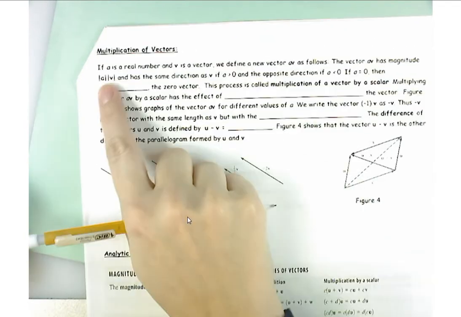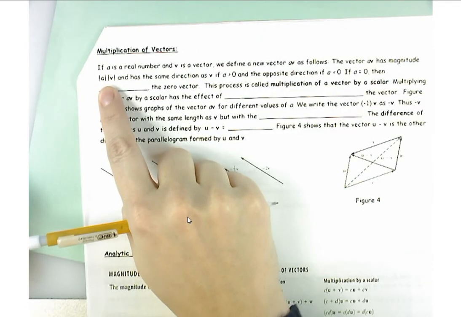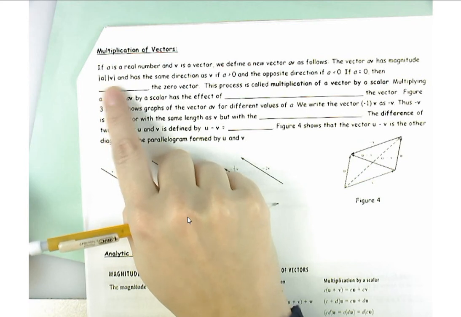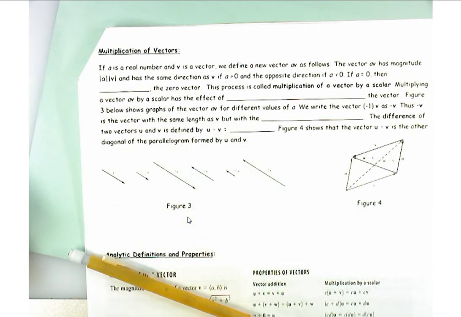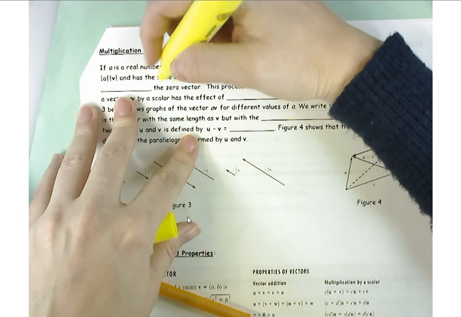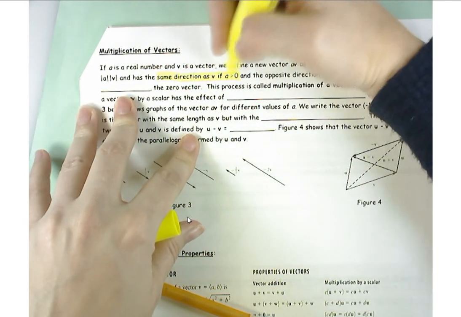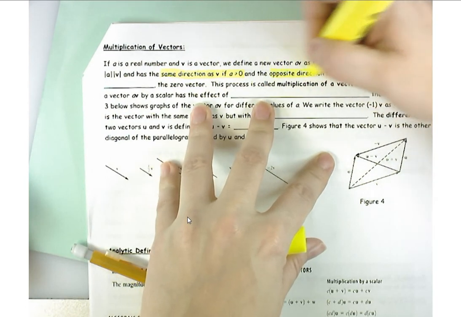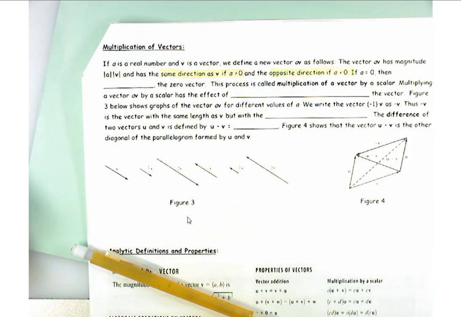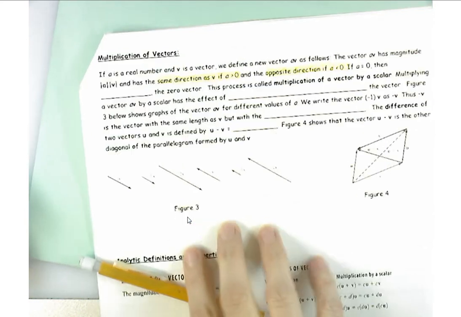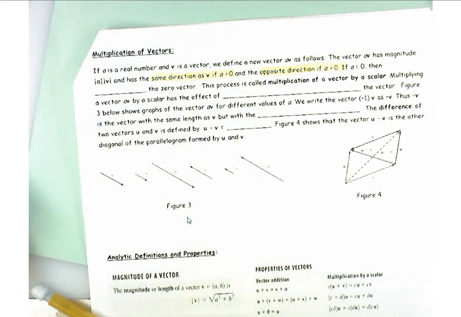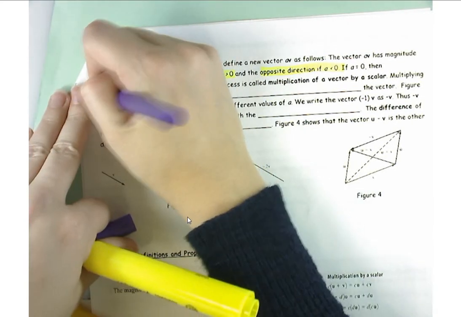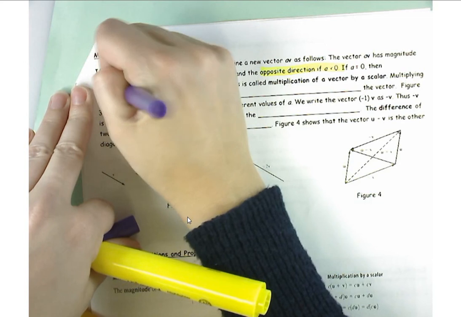The vector av is going to have a magnitude of a times the magnitude of v, and it has the same direction as v if a is greater than 0, and the opposite direction if a is less than 0. If a is equal to 0, then when you do your multiplication, you would get the 0 vector.